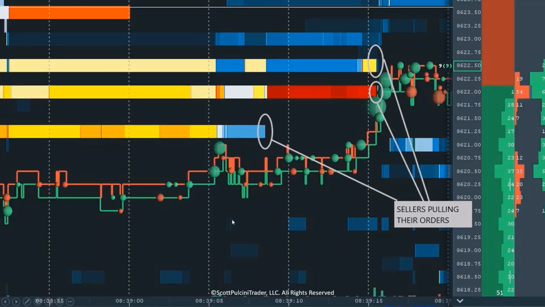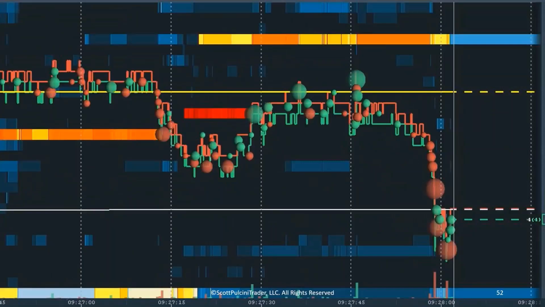Okay, when you see something like this, what does it mean? What it effectively means is that those sellers don't want to sell anymore. They placed those orders there to sell, but they changed their mind as the price came back up, and they changed sides completely, and decided they want to be buyers instead of sellers. Okay, and you see it over here.